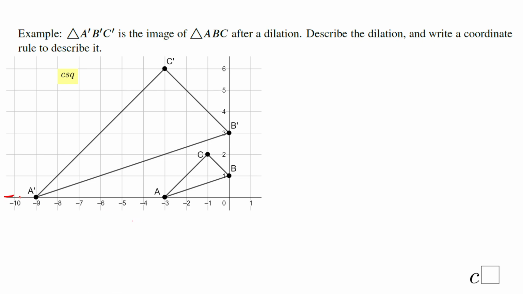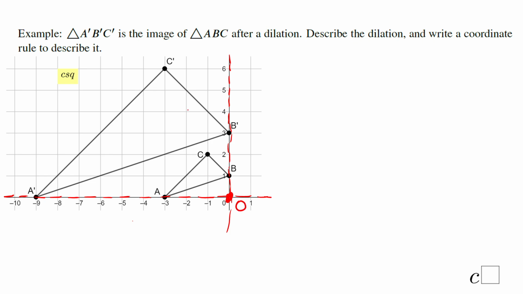So look here, I'm going to draw this ray that goes through A prime and A. That is in this case the x-axis, of course, kind of a special case. The same, we're going to have a second ray that goes through B prime and B, and you notice these two rays meet at this point. This is the center of dilation, that O or D, whatever we're going to call it.